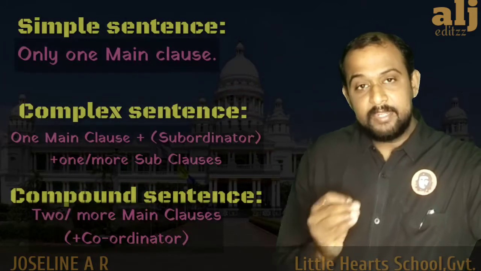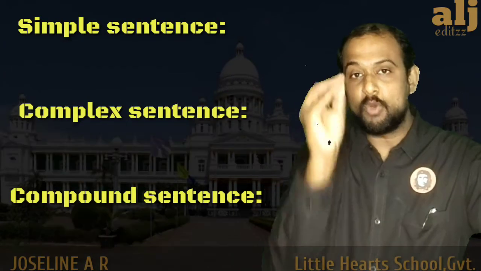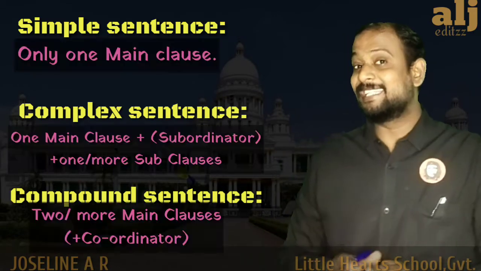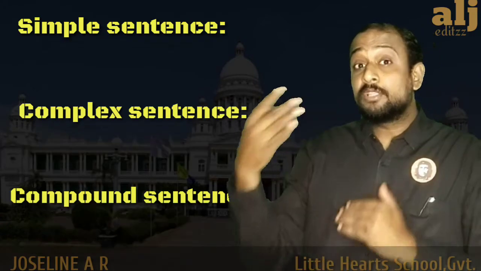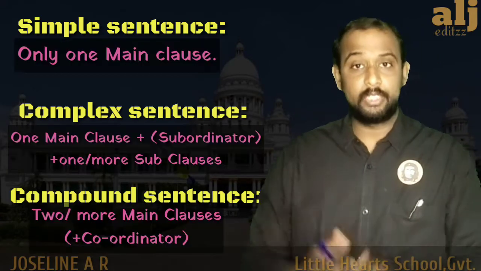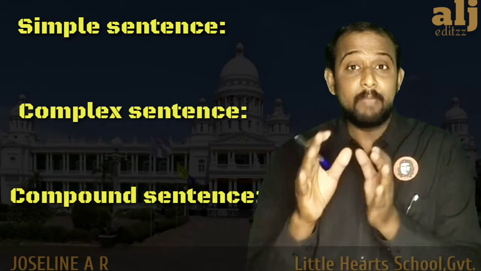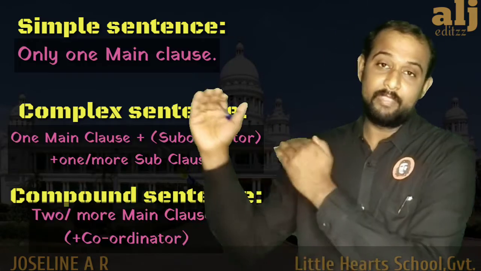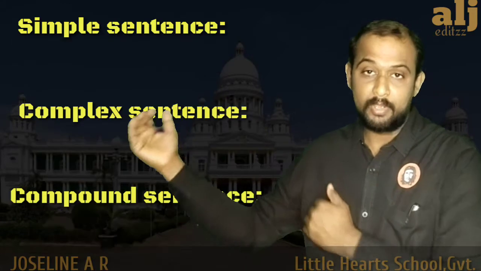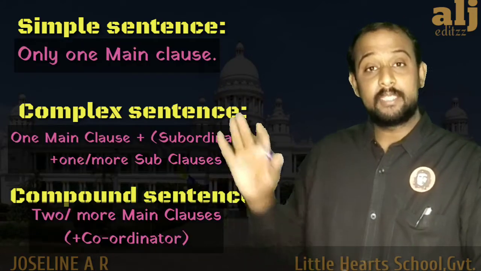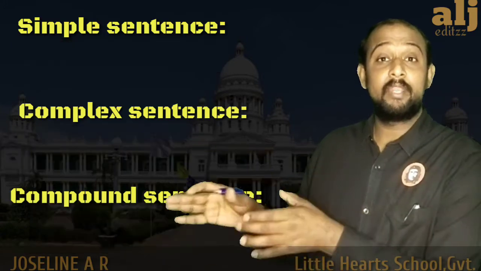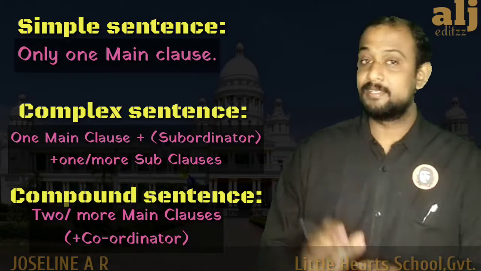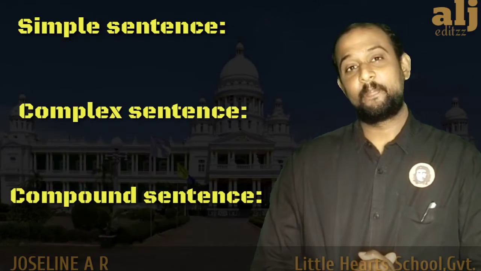So when a sentence has only one main clause, it is a simple sentence. And when a sentence has more than one clause, that is maybe 2 or 3, we name them based on the coordinators or subordinators. If we have a dependent clause or a subordinating conjunction, we call such statements complex. And in sentences where we find coordinating conjunctions, they are called compound sentences.